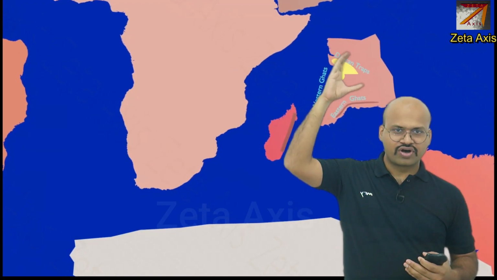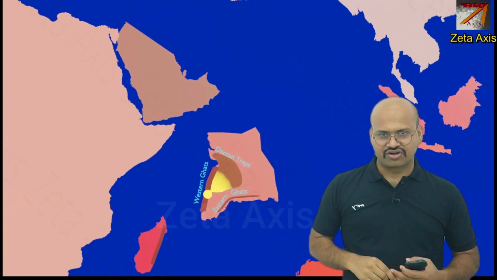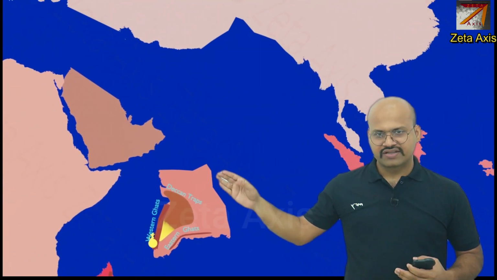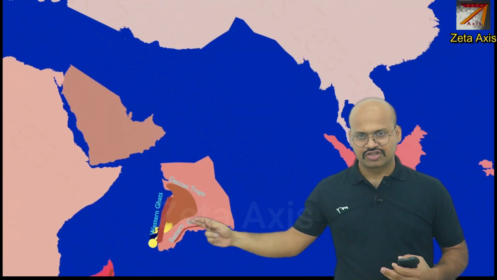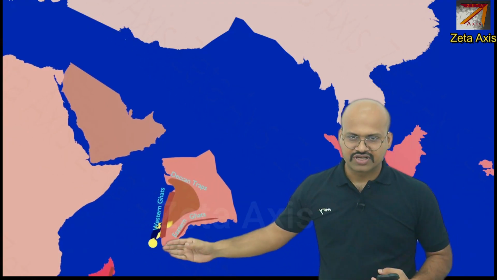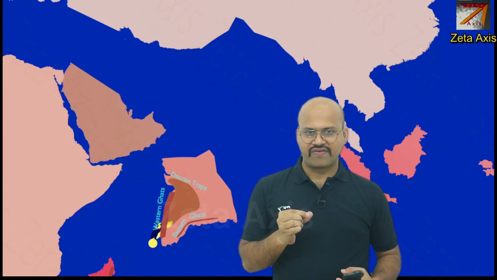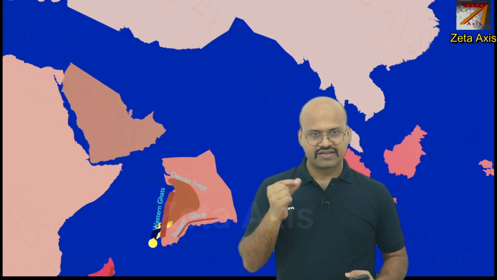This lava spread all around the central region of India, and therefore we see the formation of the Deccan trap. So these Deccan traps were formed because of lava emitted from the Reunion hotspot, and because of this being formed of lava, it is black in color.